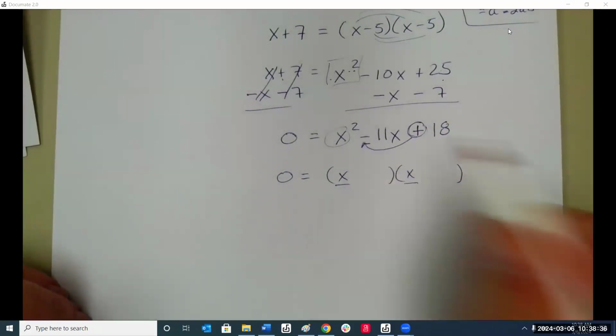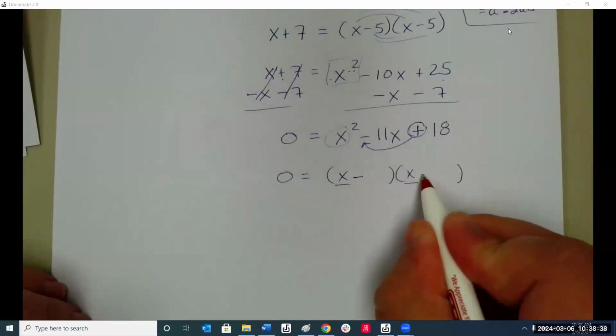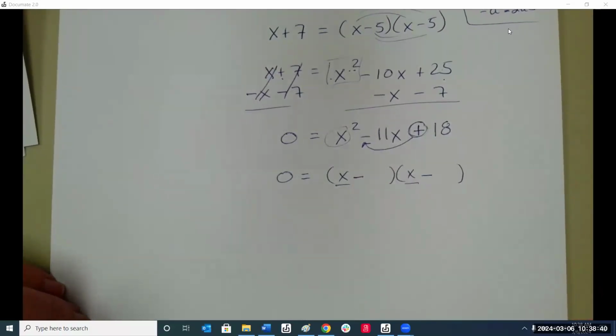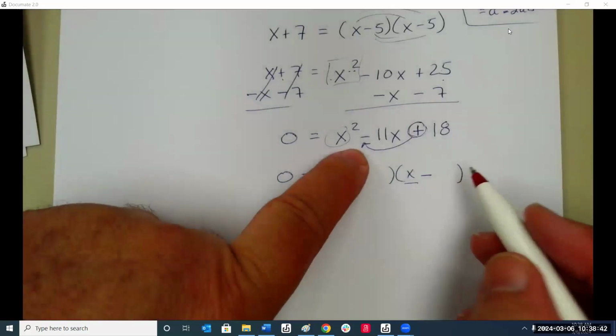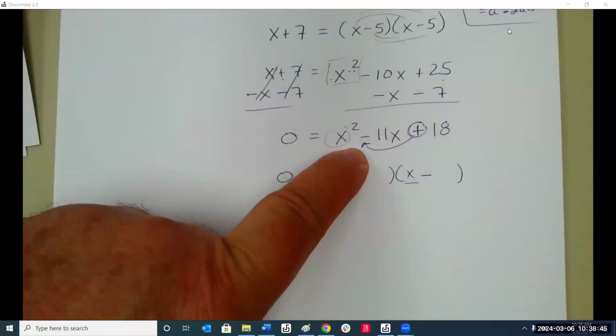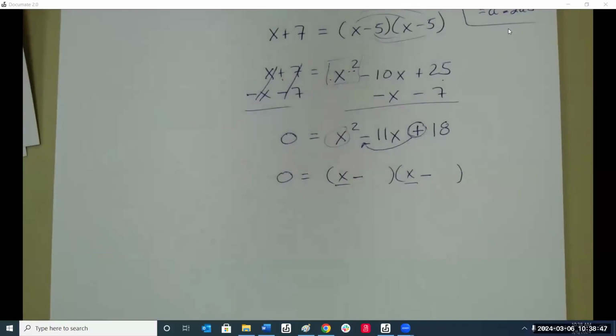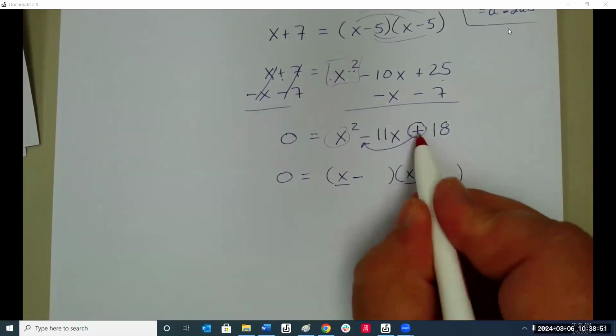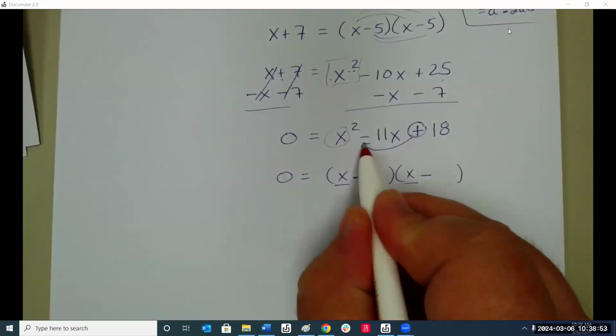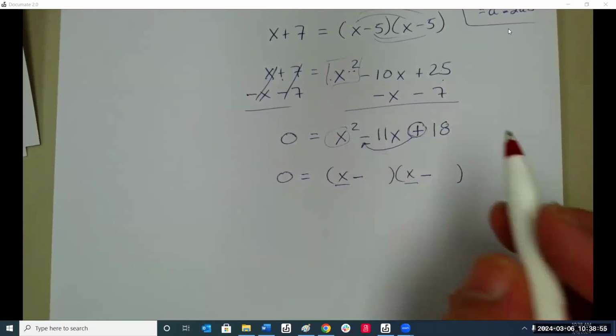They're whatever the first sign is. So they're both minus, because if they were both positive, where would the negative come from? From nowhere. So they have to be negatives.